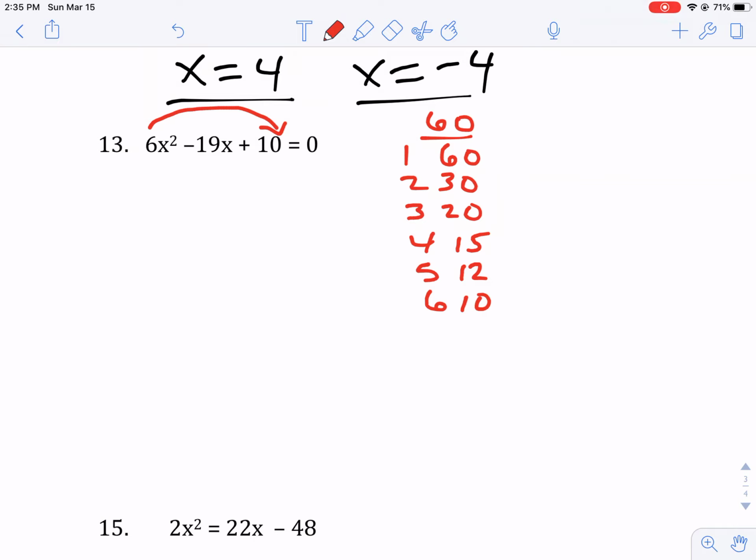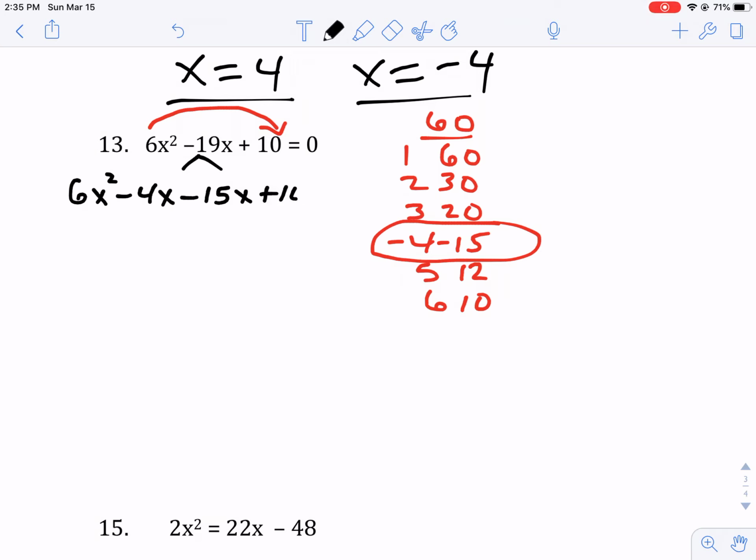Well, none of these are going to add up to negative because they're all positive. But here's a pair that adds up to a positive 19. Since I need a negative 19, I'm going to change both their signs and make them both negative. All right, from here, the middle term comes out. Those 2 numbers go in. So 6x squared minus 4x minus 15x plus 10 equals 0.